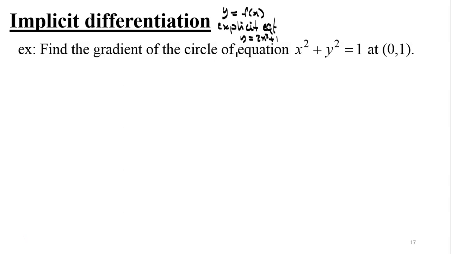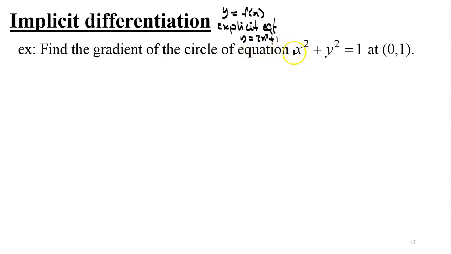However, what are implicit equations? Implicit equations are equations that are written in terms of x and y, but we cannot really write y in terms of x, or use an explicit form of the equation.